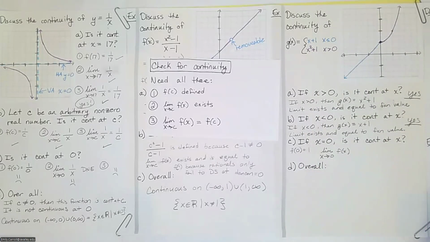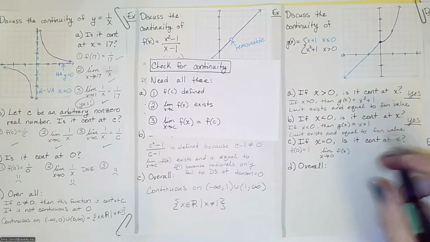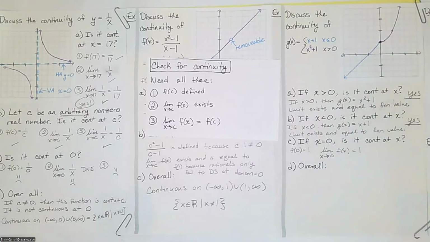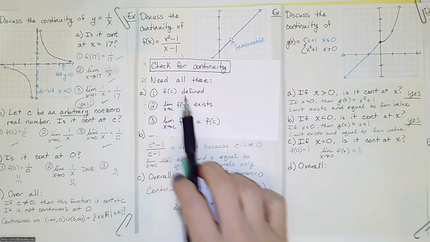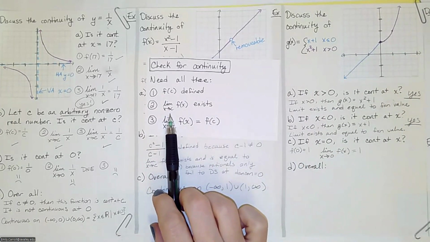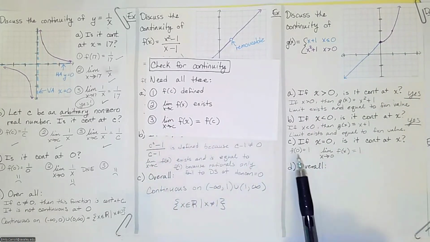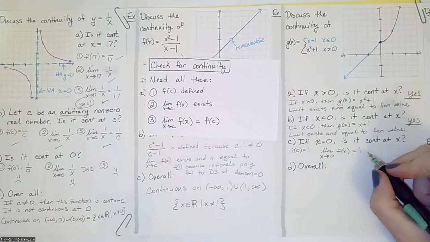Whether I plug in 0 into the top one or the bottom one, I'm going to get 1. Okay, so f of c is defined, f of 0 is defined, it's equal to 1. The limit as x goes to 0 exists, and it is equal to 1 as desired.